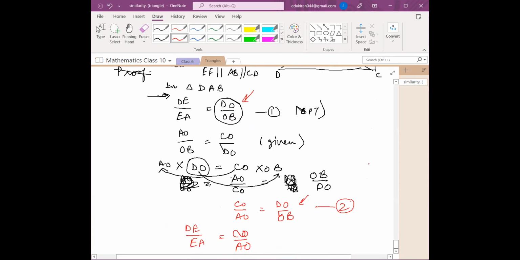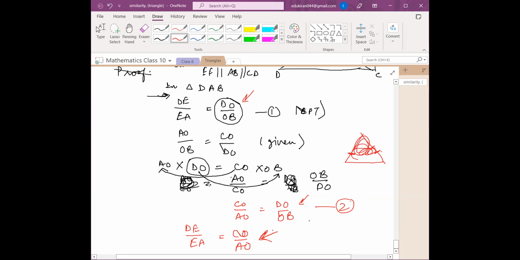You have made a mistake, so please correct your right hand side. It's actually the reverse. This is correct, so OC by AO. See in the figure also, you are taking this triangle. So this side will be upon this side, like the half one actually. So this upon this. Anyway, just look in the figure. So this is the correct one.